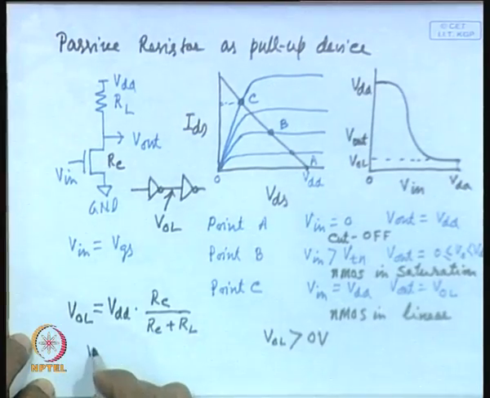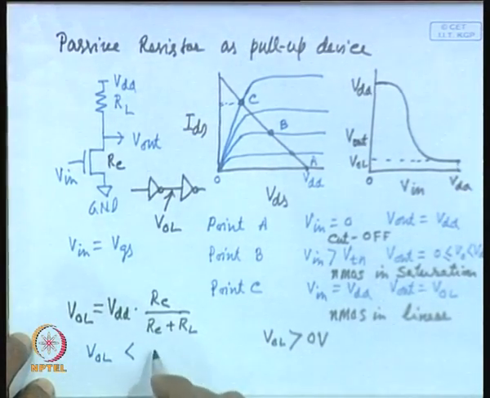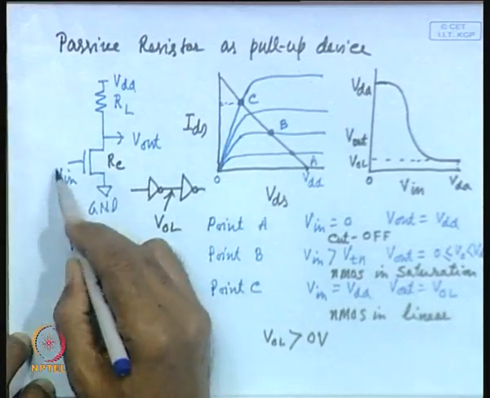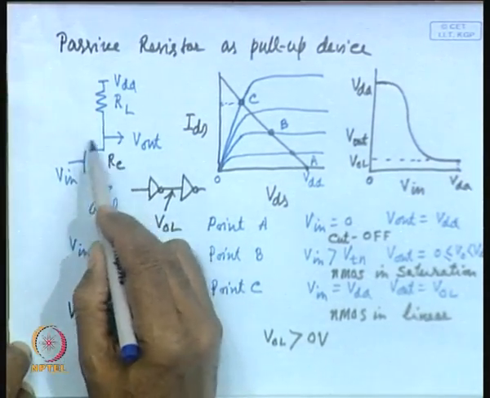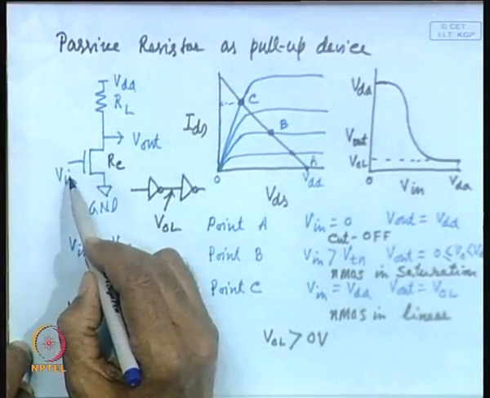So, what is the requirement? Requirement is this: VOL should be less than VTN, because this is also being applied to another transistor, and obviously, the output of the next stage will be high provided the input is less than the threshold voltage.